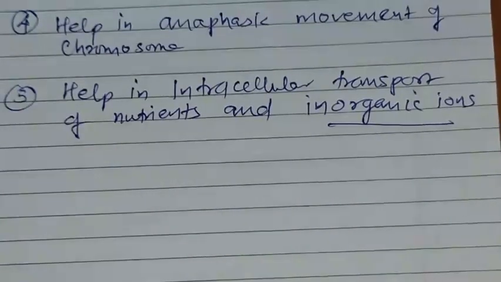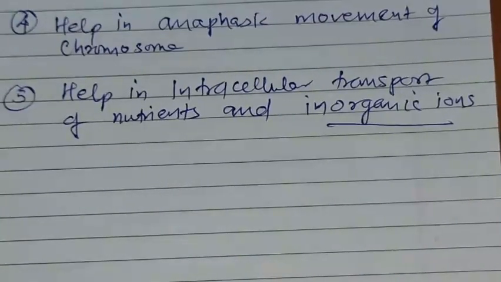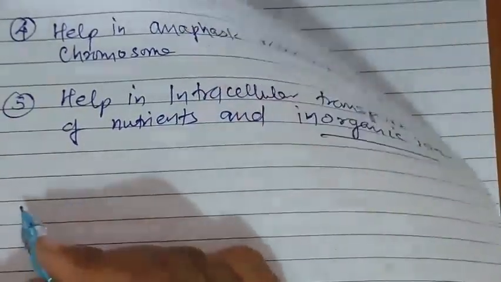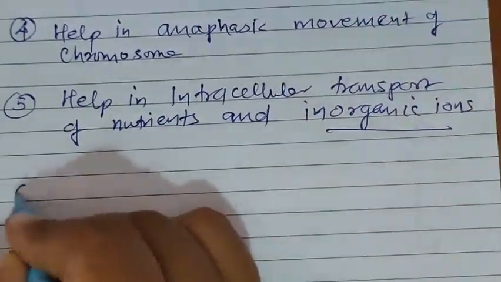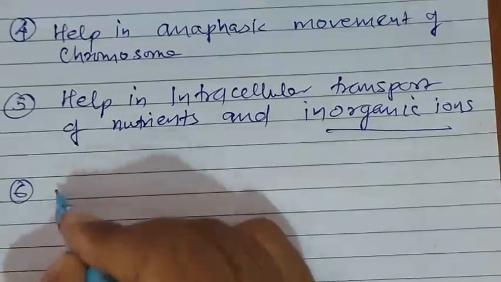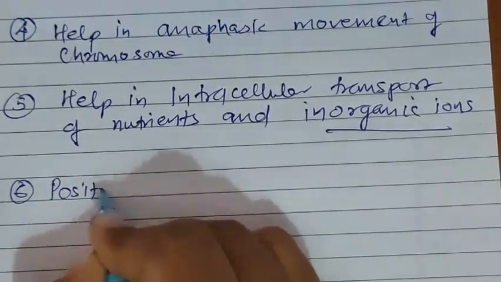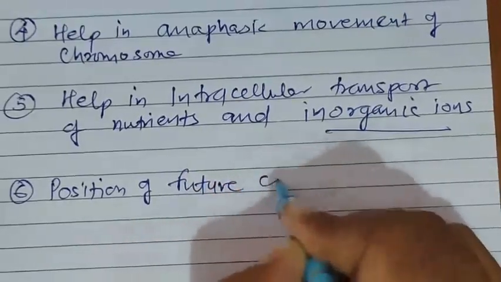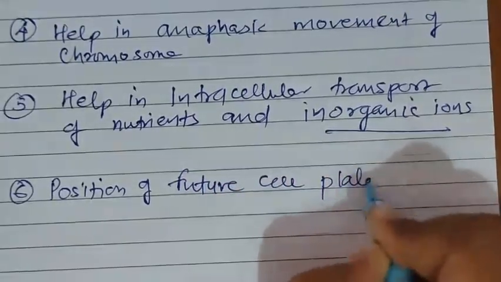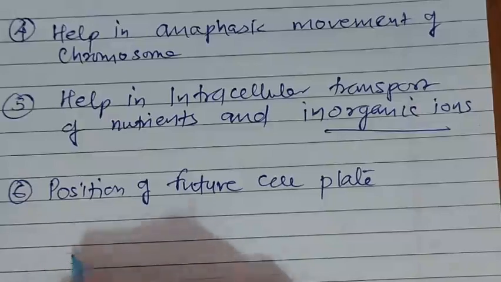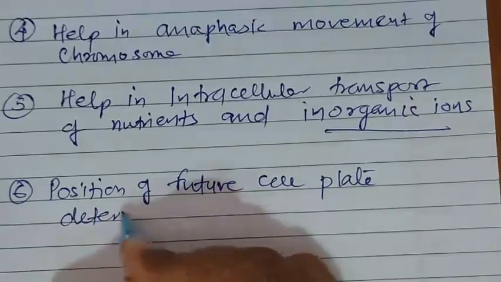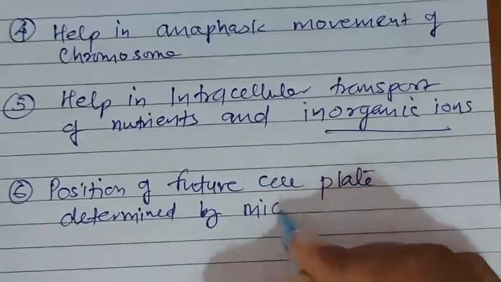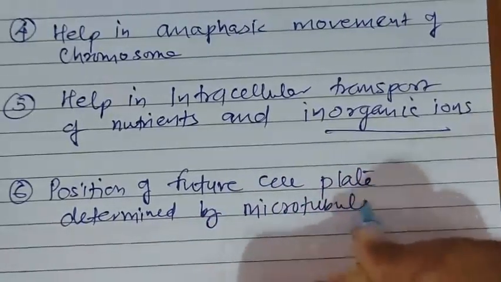The fourth point, anaphasic movement: during the anaphase of cell division, the chromosomes move to opposite poles with the help of this one. And sixth point is that the position of the future cell plate is determined by microtubules.